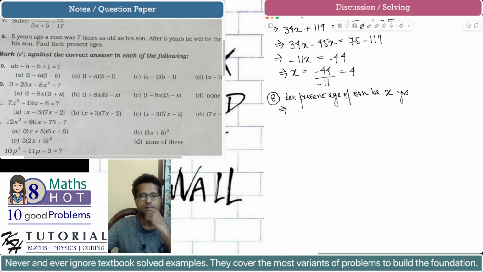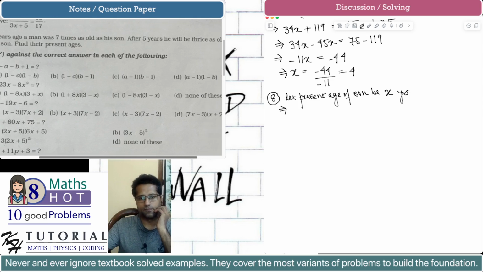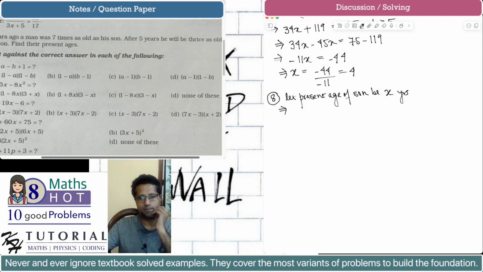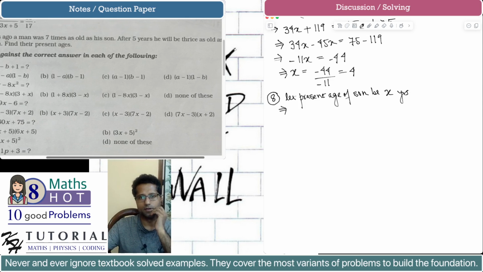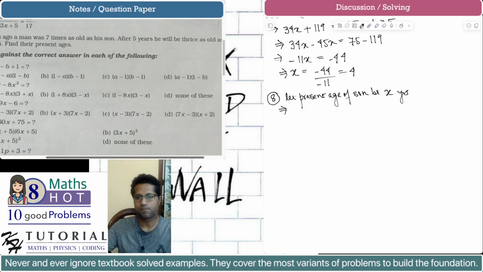After 5 years, that is presently, he will be thrice as old as his son, which basically means that the present age of the man is thrice the present age of the son.